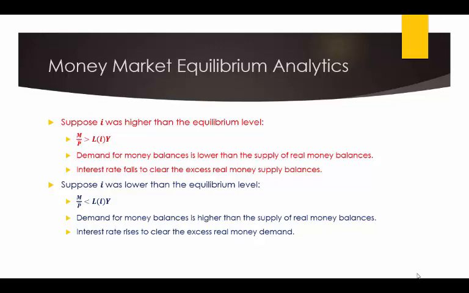On the other hand, if the interest rate was lower than the market generated equilibrium rate, then the real money demand is now greater than real money supply. The interest rate will therefore rise to discourage the excess demand by making it costly to want to hold scarce money balances. So the market always returns to equilibrium where real money demand and supply are equal through the nominal interest rate adjusting.